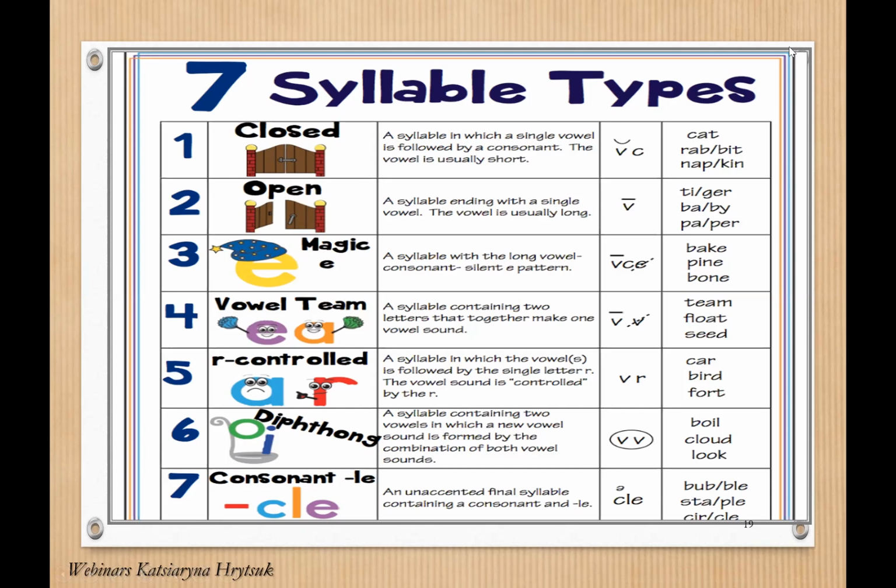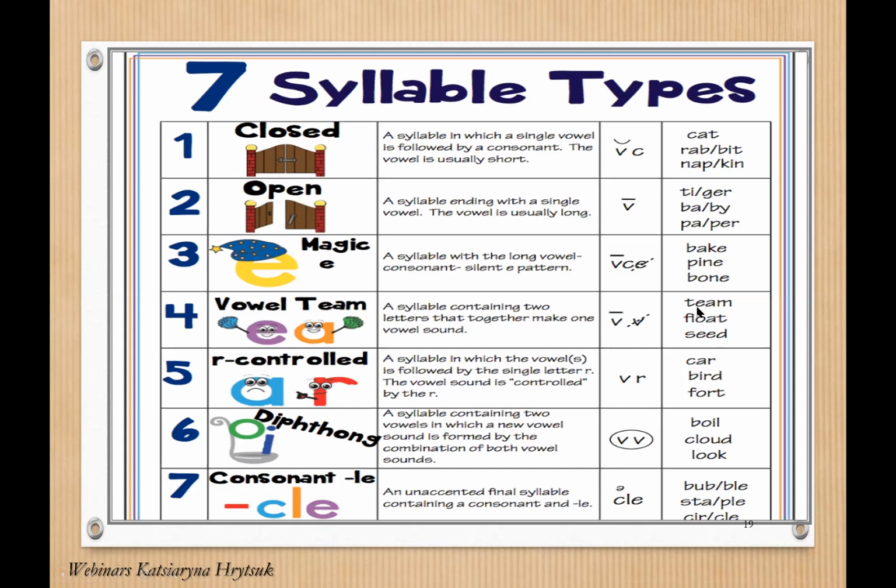Okay? So next one is vowel team. Vowels decided, okay, we will group together and make a team. Vowel team, that is a syllable containing two letters that together make one vowel sound. Two vowels, but one sound.